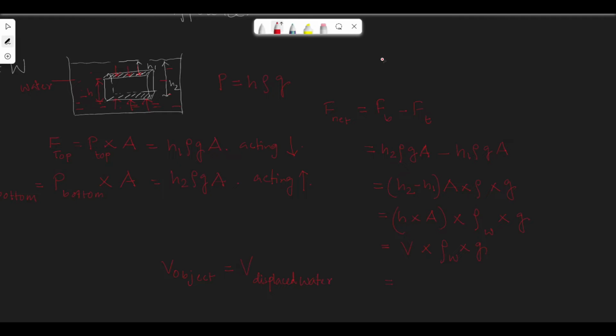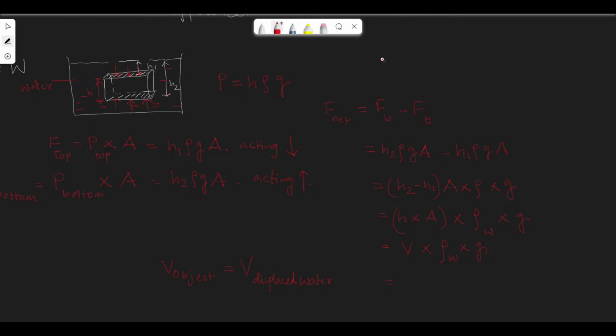As the block is completely immersed into this water, it will spill over, or it will displace the same volume of water, so that it can occupy that particular space. So volume of object is equal to volume of displaced water.